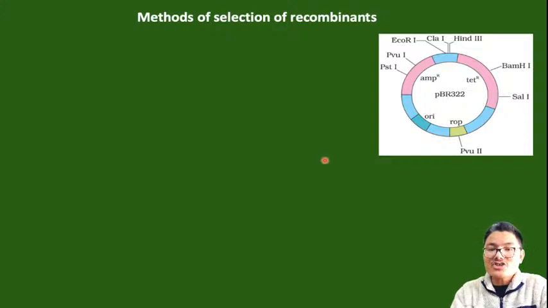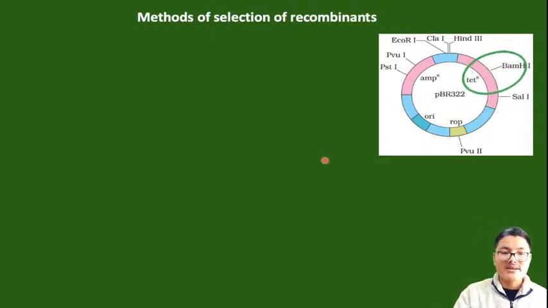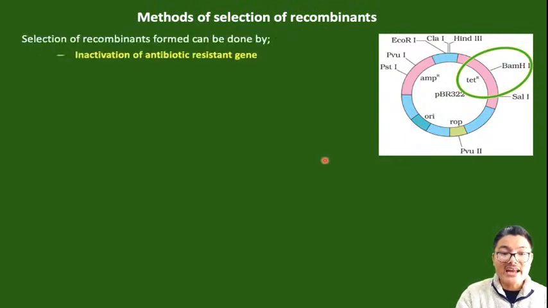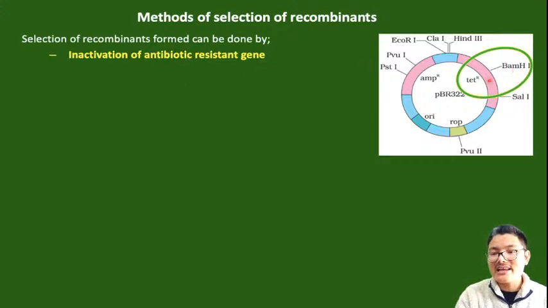So regarding the selection of the recombinants, how is it done? It is done usually by two main methods. Say we have inactivation of antibiotic resistance gene. If we insert an alien gene here with the help of BamHI, then it will inactivate the tetracycline resistance gene, and this gene will not form the protein which makes the bacteria resistant to tetracycline.